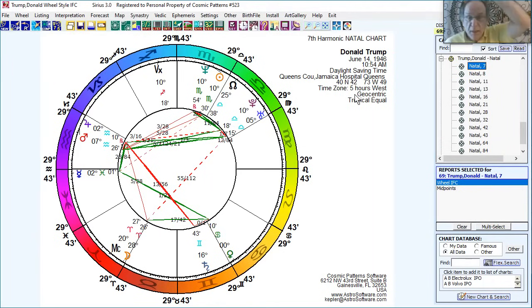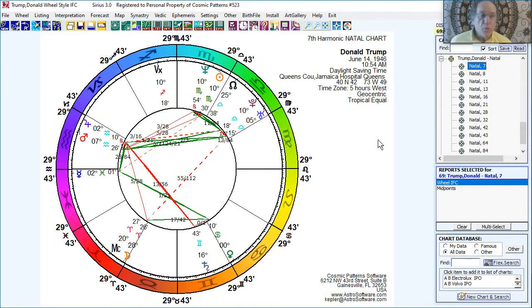So if 2 planets aspect a 3rd planet, there's 2 planets that are conjunct, and both are with an orb, that's a 3-planet configuration. And here it is, the Mars and Jupiter are conjunct, and they're both with an orb of trining Uranus. Pluto is also involved a little bit, but the Pluto, Jupiter is out of orb.